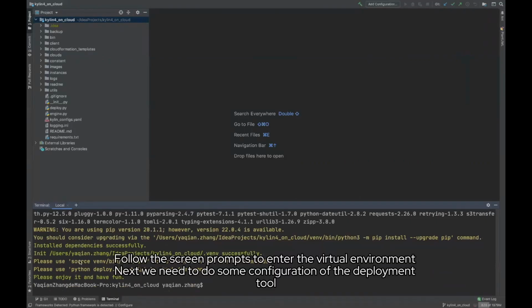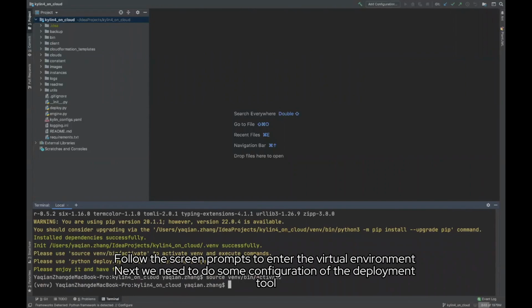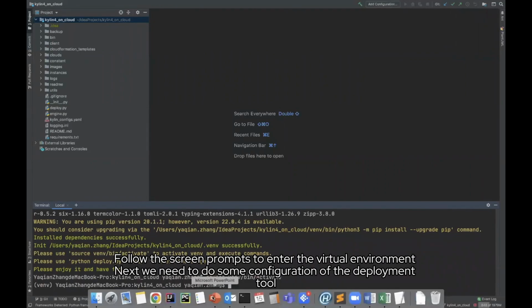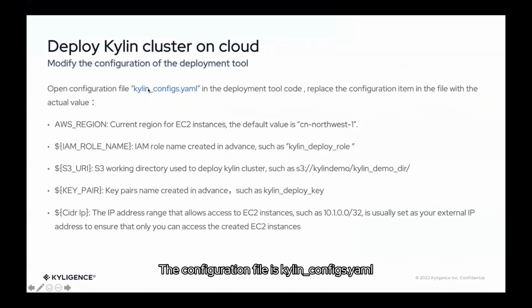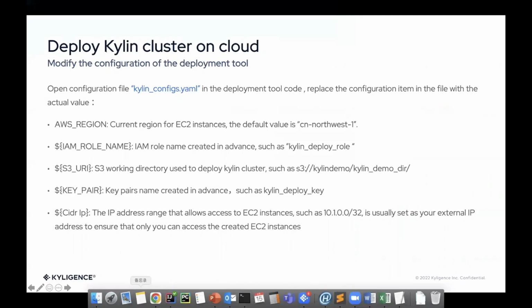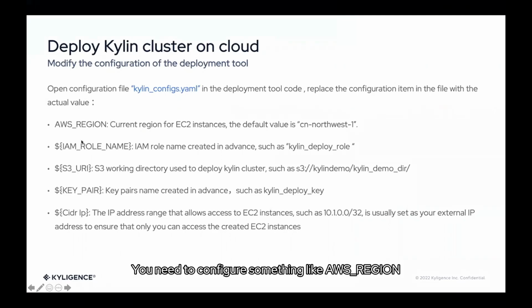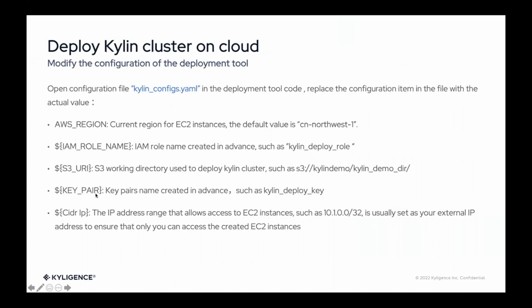Follow the screen prompts to enter the virtual environment. Next we need to do some configuration of the deployment tool. The configuration file is kylin_configs.yaml. You need to configure things like AWS_region, the directory we just created for S3, and the key pair, etc.